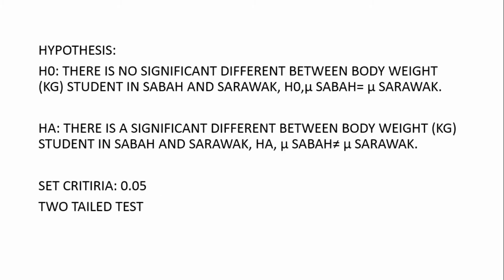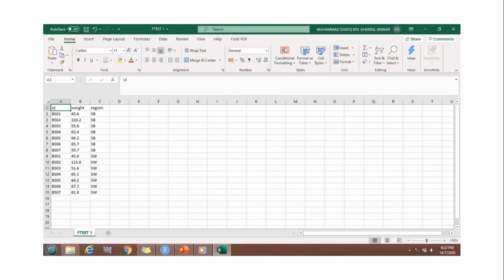So the hypothesis for the test is: the null hypothesis, there is no significant difference between body weight in kg of students in Sabah and Sarawak, while the alternative hypothesis, there is a significant difference between body weight in kg of students in Sabah and Sarawak. And I set the criteria for this test as 0.05 and two-tailed test.